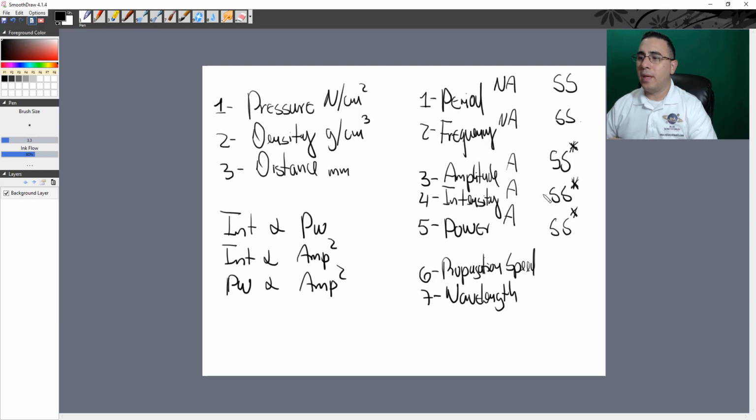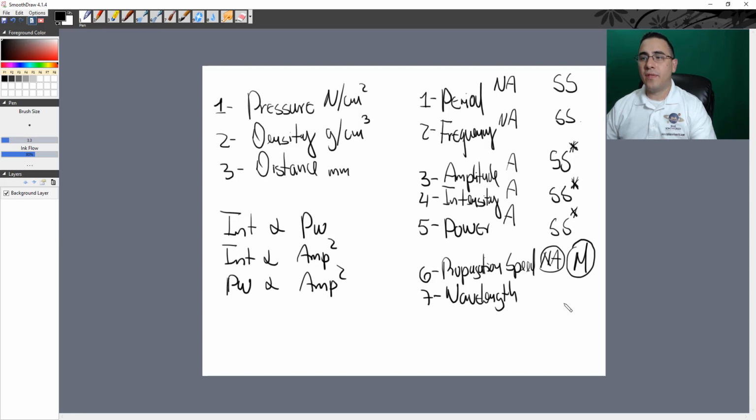So then we have number 6, the propagation speed, how fast the ultrasound goes through the tissues. Remember, this is a property of the medium, so it is non-adjustable. Propagation speed depends on the stiffness and density of the tissues.